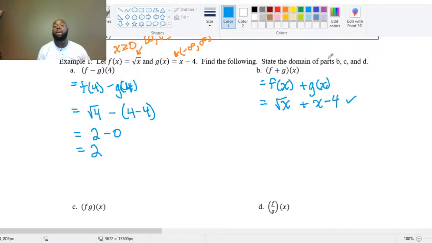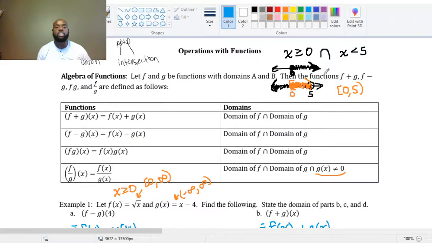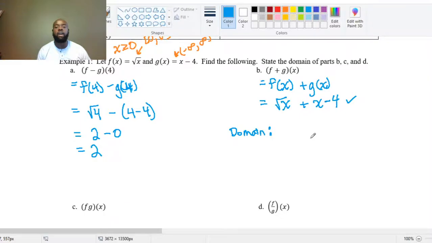Now I want to find a domain in parts B, C, and D here. So let's find our domain. Well, we already know that it's going to be the domain of f, which is from 0 to infinity, intersected with our domain of g, right? So I'm actually going to do some stuff on our number line here just so that we can see this.